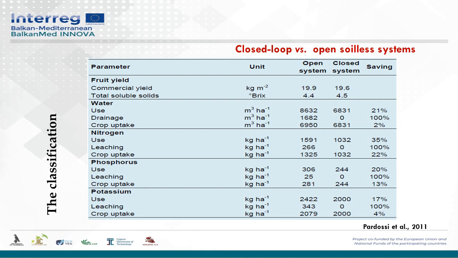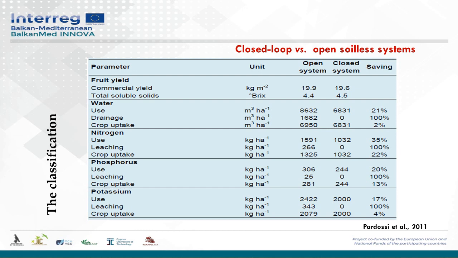From the total water used in open systems, about 1,700 cubic meters are lost to the environment as drained solution, while there are zero cubic meters lost in the closed system. So we have a significant saving of water, about 2,000 cubic meters per hectare, due to the use of closed soilless systems.